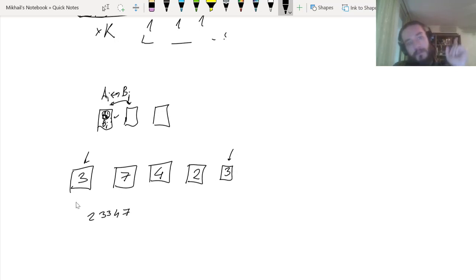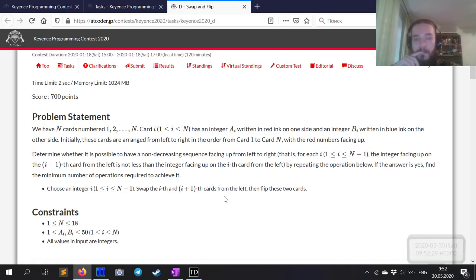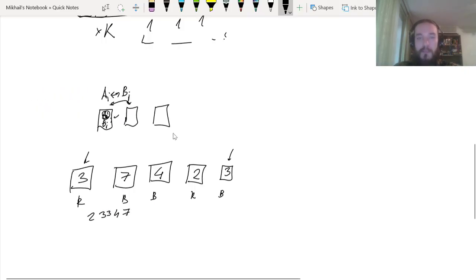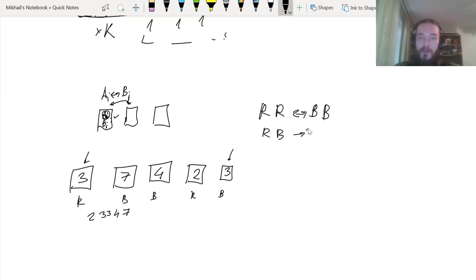But also, if we figure out which is which, we can see that the number of blue cards is always even, because each operation either takes 2 red cards and transforms them into 2 blue cards, or it's the other way around, or it's red-blue to blue-red.